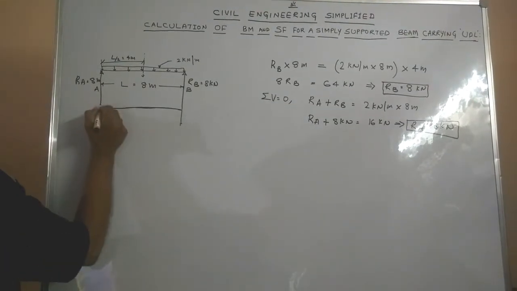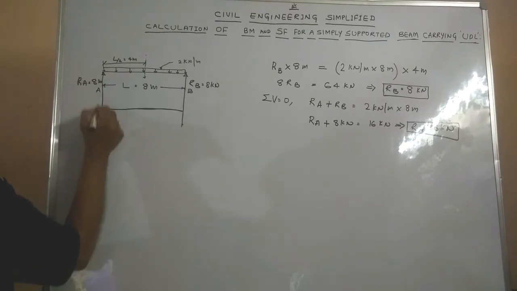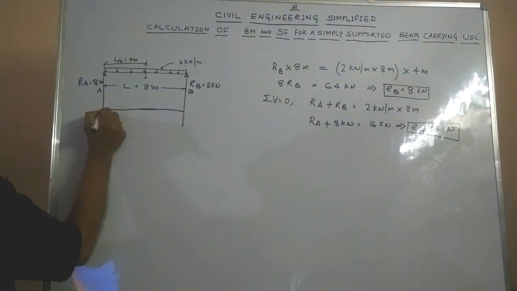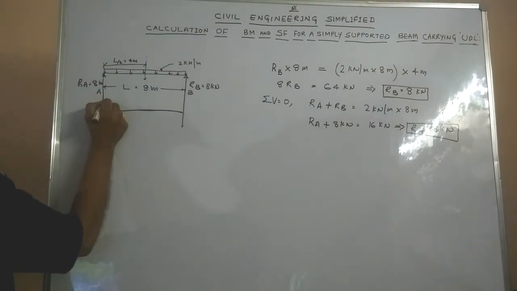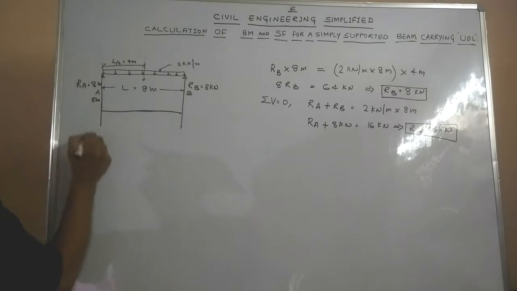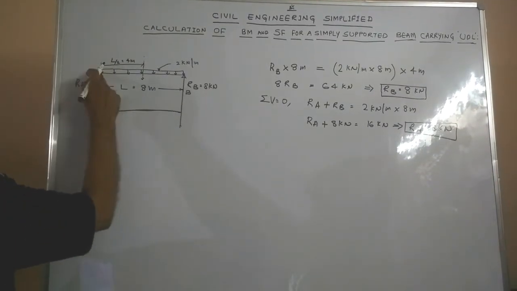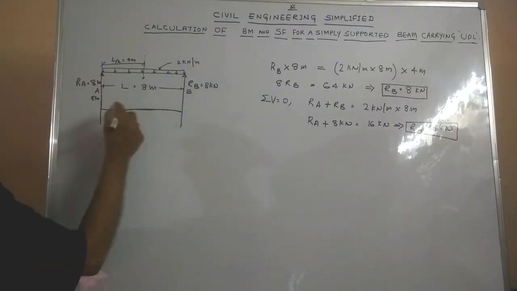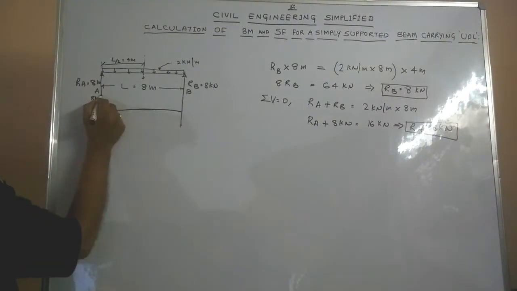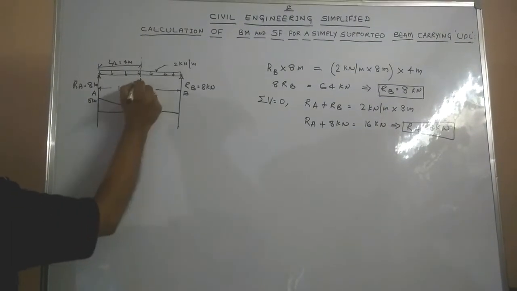As we have discussed earlier, while drawing the shear force diagram, the RA at the extreme left hand is acting upwards. Hence, I draw a line equal to 8 kN or 8 units on the left hand side. After that, we find the UDL which is acting downwards. Hence, this shear force diagram dips down towards the horizontal line at the center.